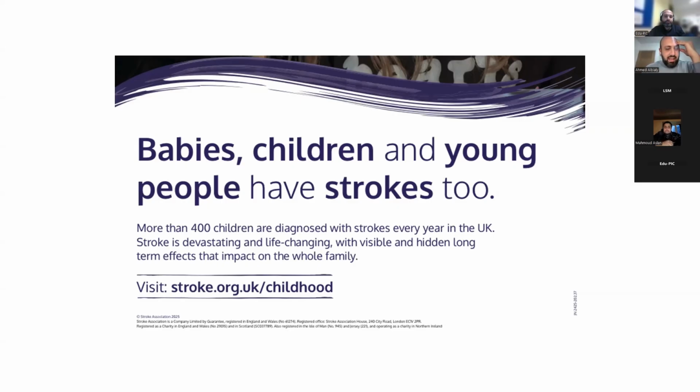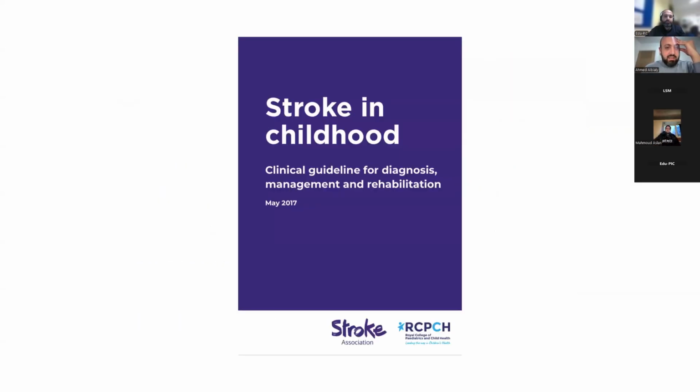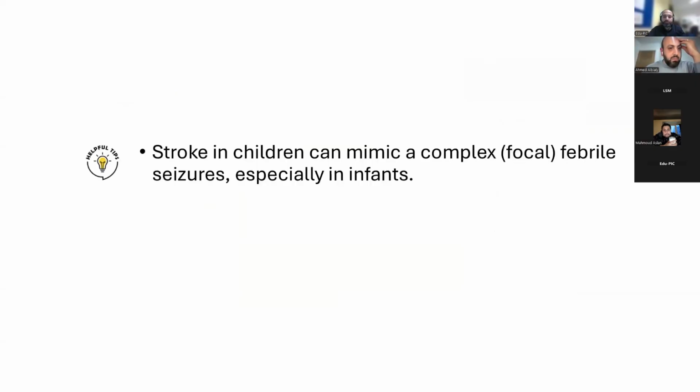And there is a very extensive guideline, I think from 2017. You can familiarize yourself, and I find it very useful in general. You will not use it every single day, but if you come across a patient with a stroke and you want to have a quick look at what to do as a first step, second step, I invite you to have a read of that.